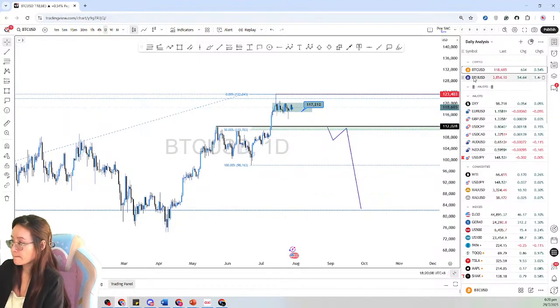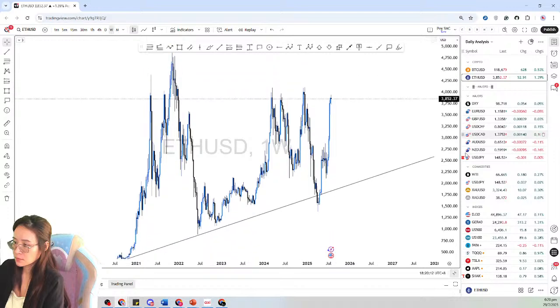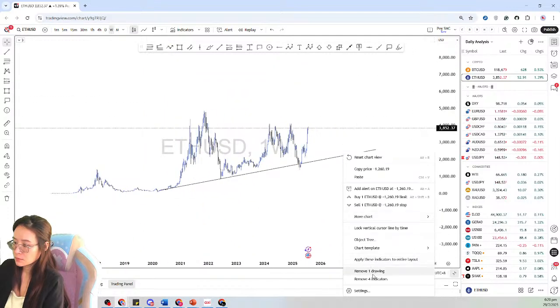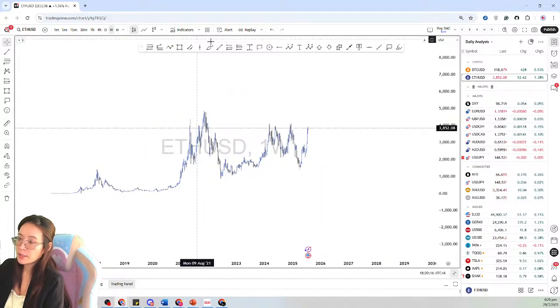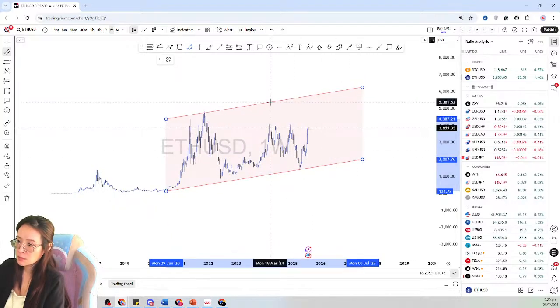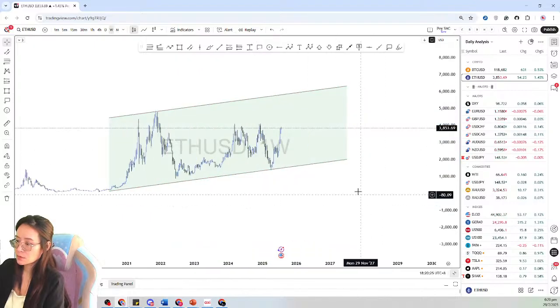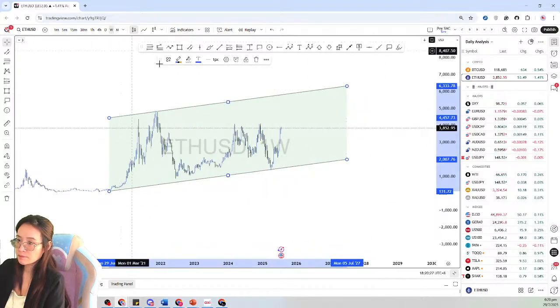Ethereum. What I can see, if you want to draw the bullish channel, can I draw like that within?